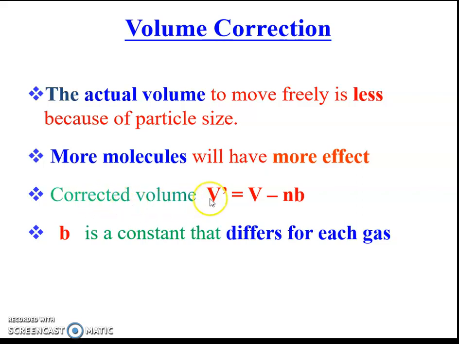Thus, the corrected volume V prime will be the ideal volume minus nb, where n is the number of moles of gas having a definite size, and b is called the van der Waals constant, which differs for each gas.